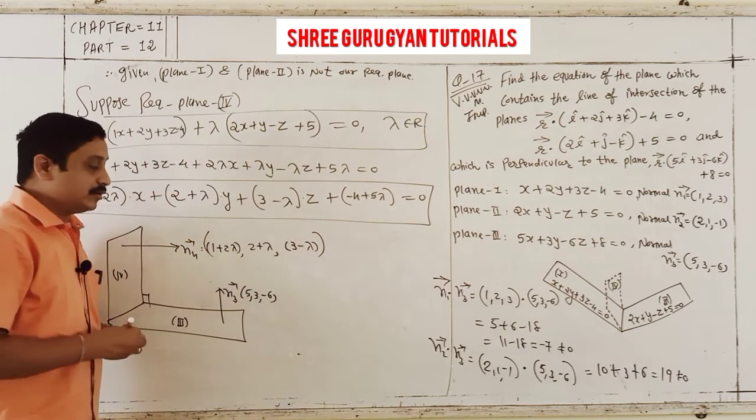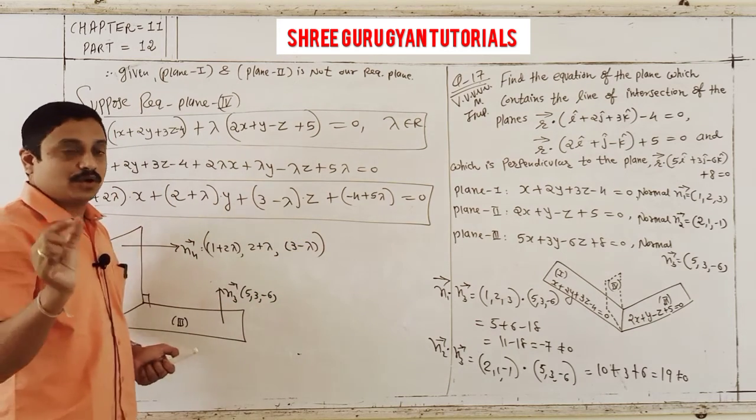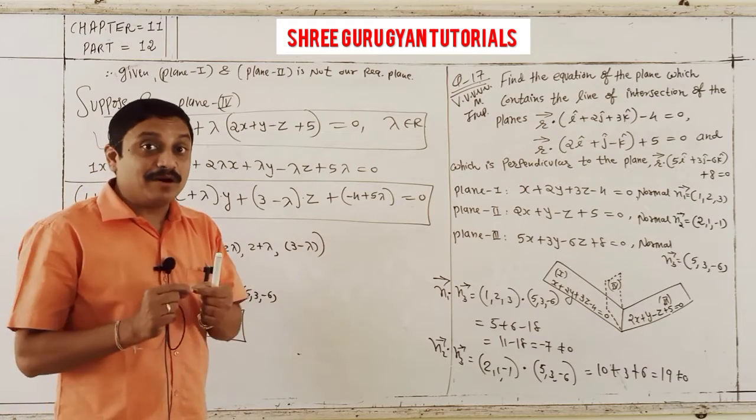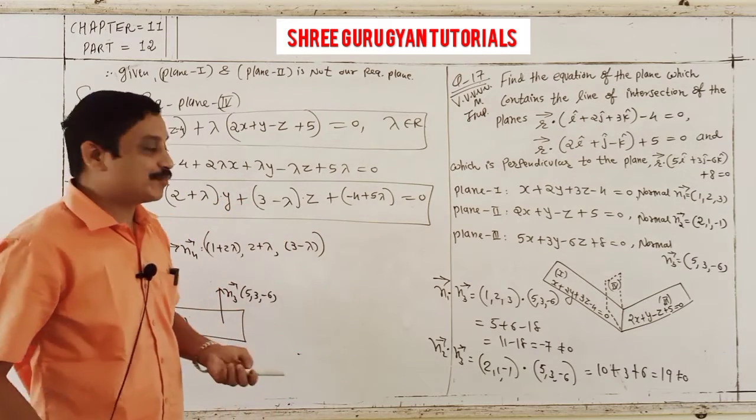These are our normals N4 and N3. Now apply both of the perpendiculars, so dot product 0.